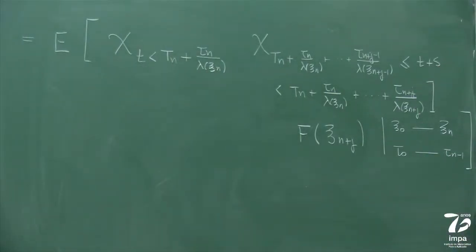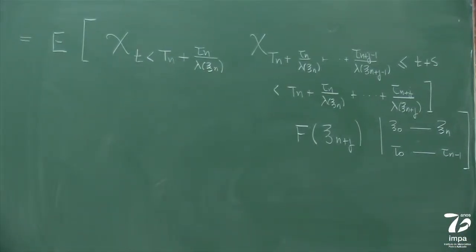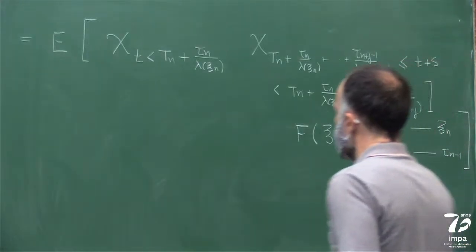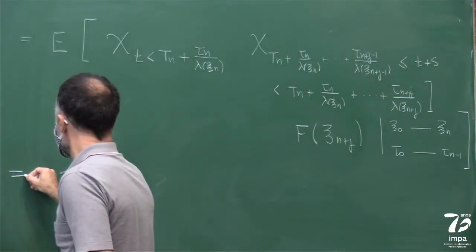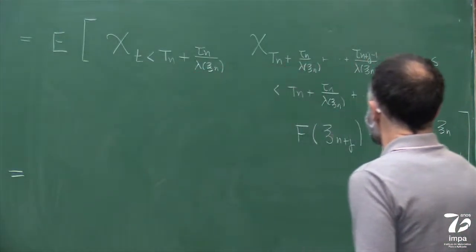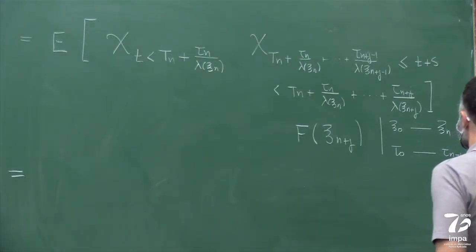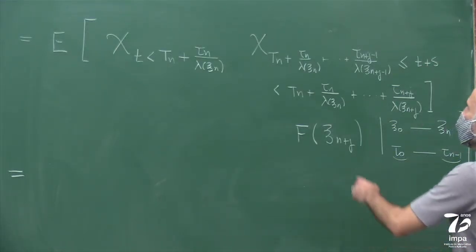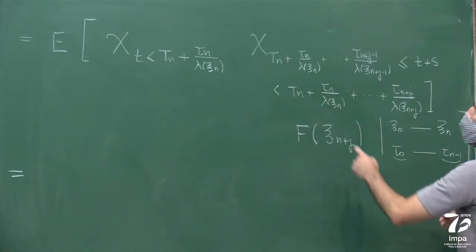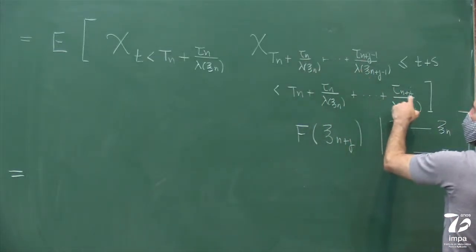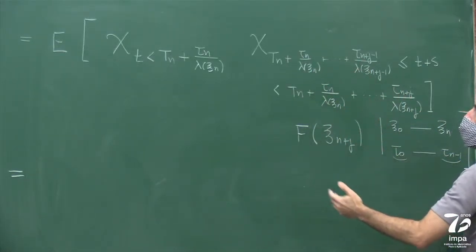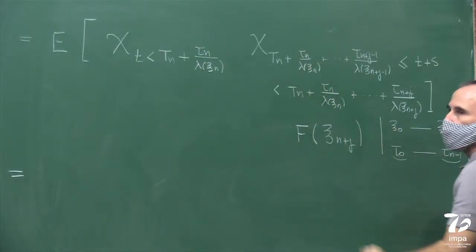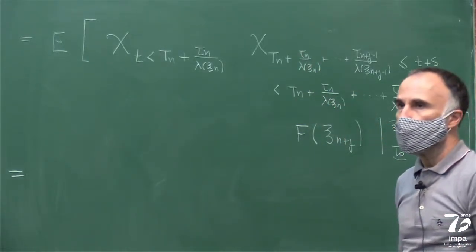Right? Now, these variables, they are all independent. So tau n, all these variables are independent, and this conditional expectation is just to integrate with respect to these variables.